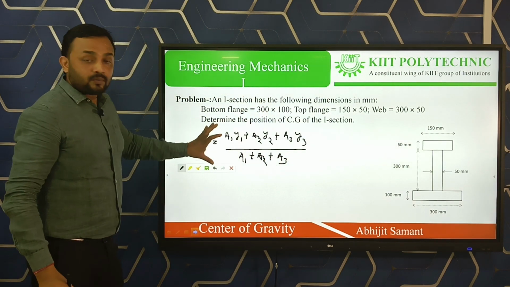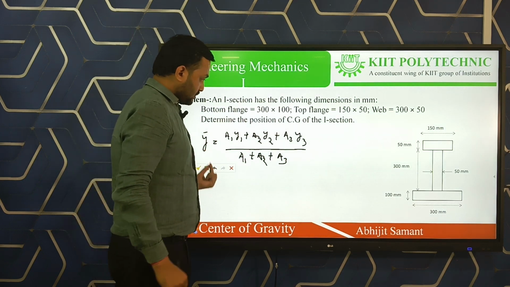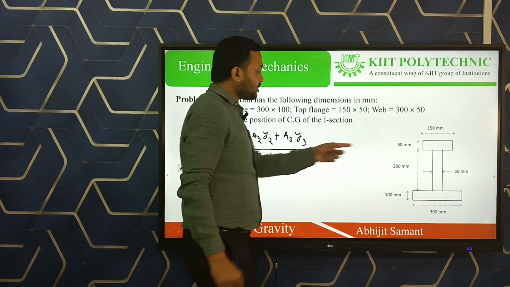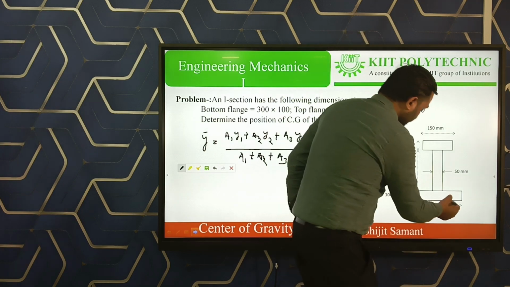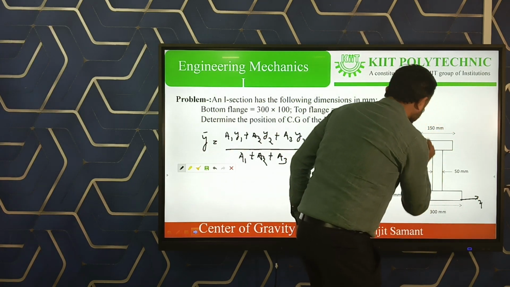This is the formula to find the centroidal point of the I section from the x axis.